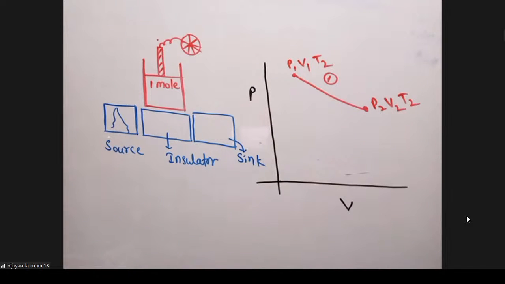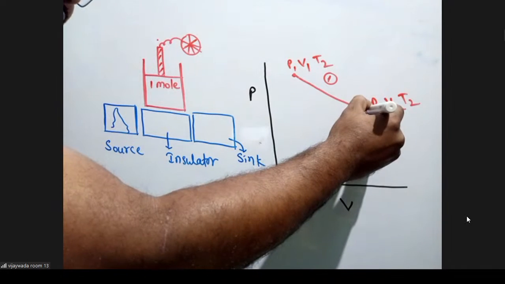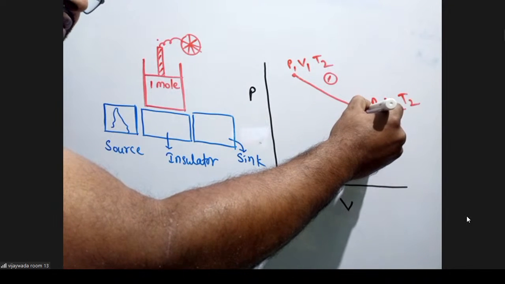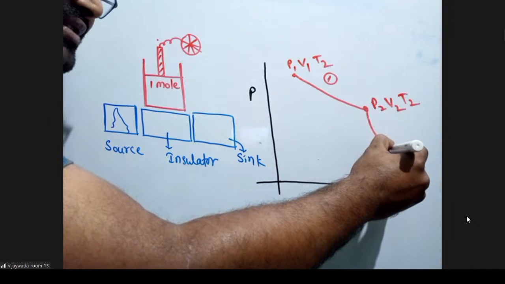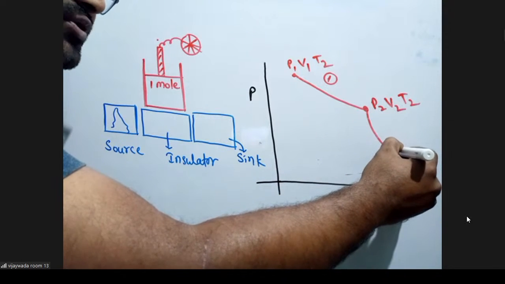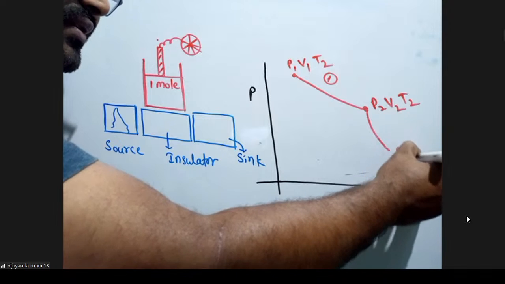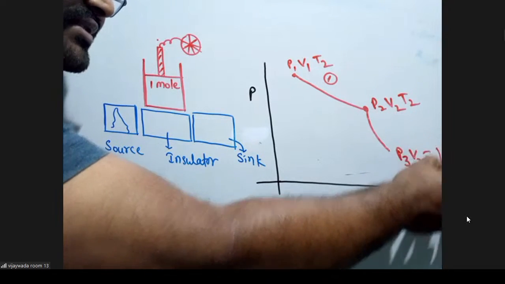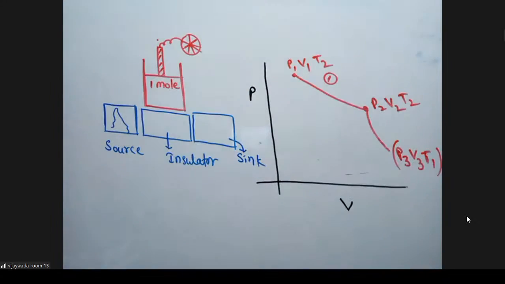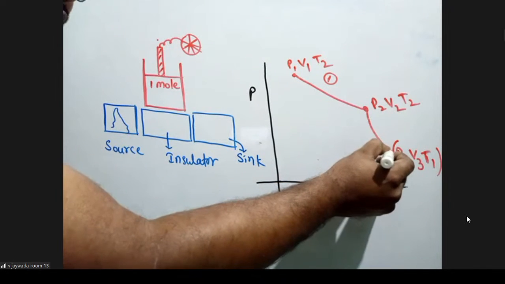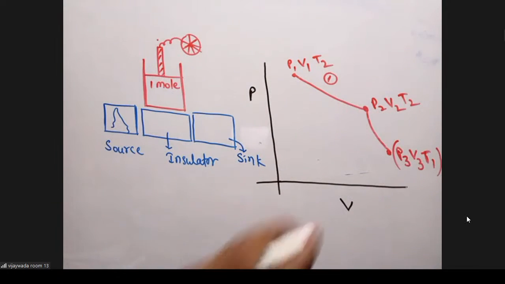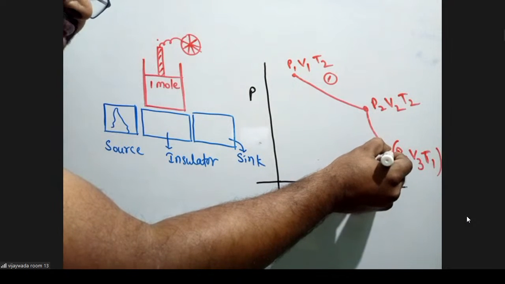Second process, adiabatic reversible expansion. Temperature changes, volume also changes, pressure changes. So volume increases, pressure decreases, temperature also decreases. P3, V3, T1. Let's say it is T1. Next, isothermal reversible compression. In compression, volume decreases, pressure increases.